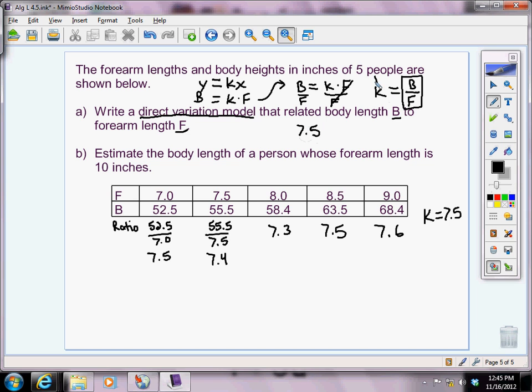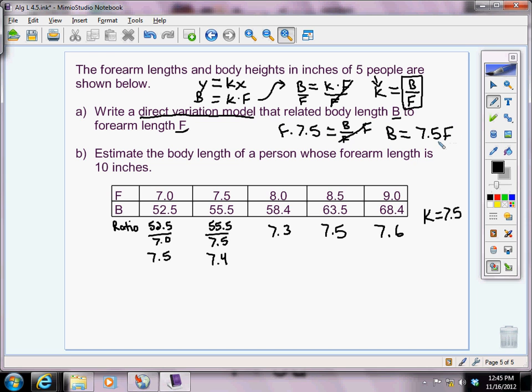I plug that in for k, equals body length divided by forearm length. If I solve so I don't have that ratio anymore, I get this equation: body length equals our constant of variation, 7.5, times f.